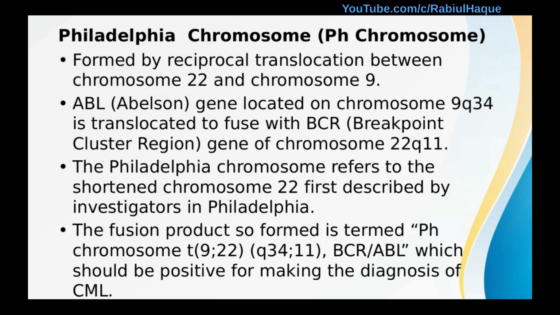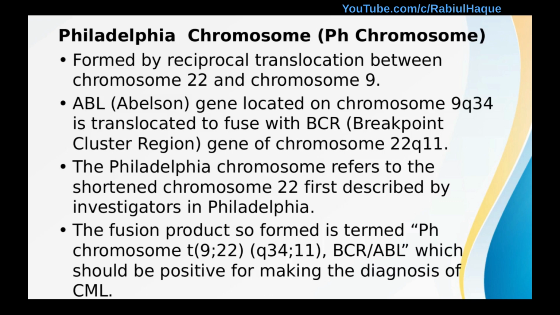As we can see, the BCR gene is located in the long arm of chromosome 22. Note that Q here denotes long arm and P denotes short arm of a chromosome. So as it is written 22q, so it is denoting the long arm of chromosome 22. The Philadelphia chromosome refers to the shortened chromosome 22, and it was first described by the investigators in Philadelphia.